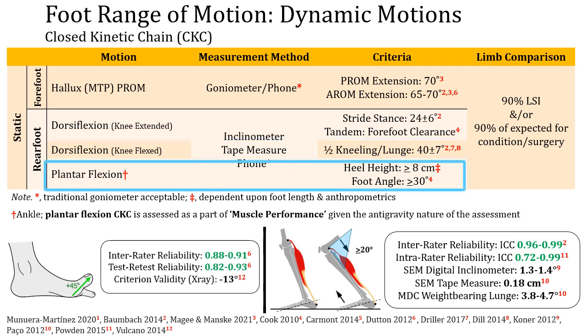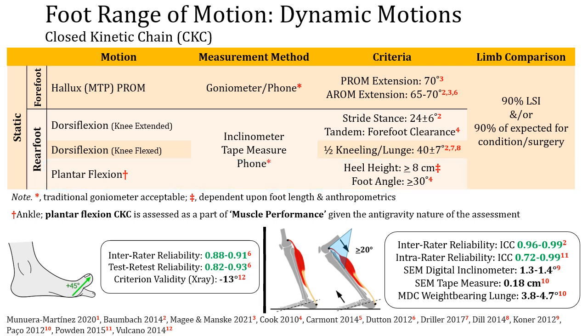So as long as it's 20 degrees, you're good. We can see that plantar flexion heel height should be 8 centimeters, or the foot angle should be at least 30 degrees off of the floor, with a fulcrum of the MTP joint of the hallux.